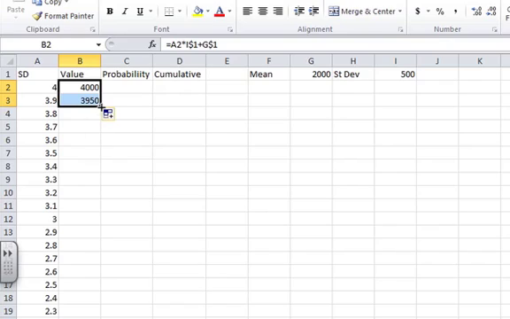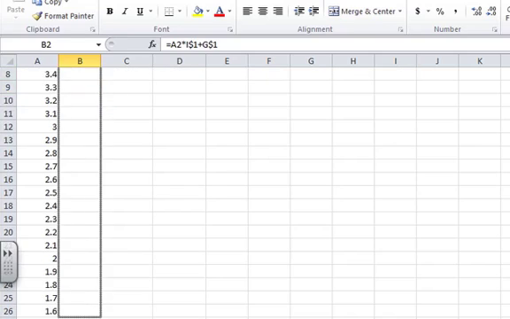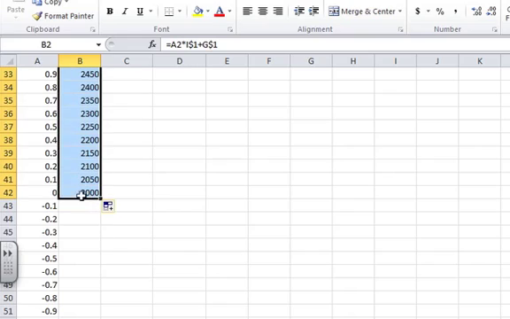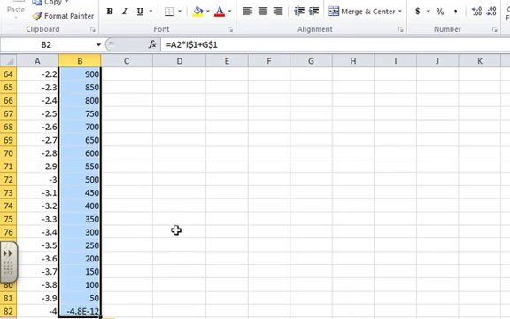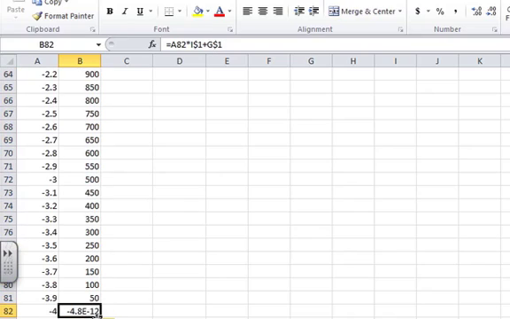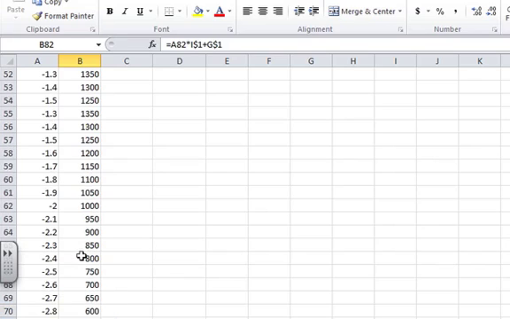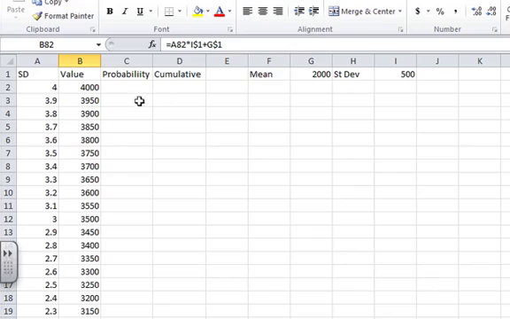So when we get to a value, 2000 should be a standard deviation of 0. And there we go. And we end up with this negative 4.8 times 10 to the negative 12, which is a very small number. It's just because of rounding in Excel.